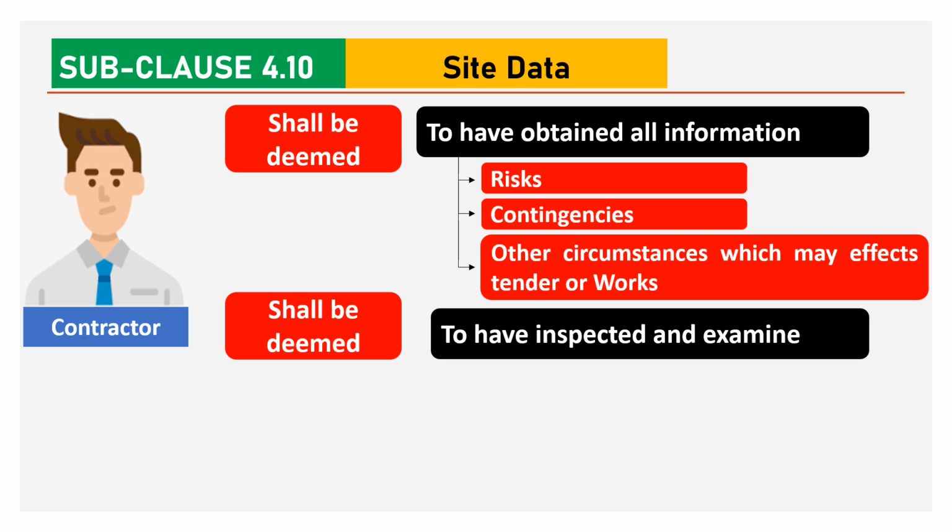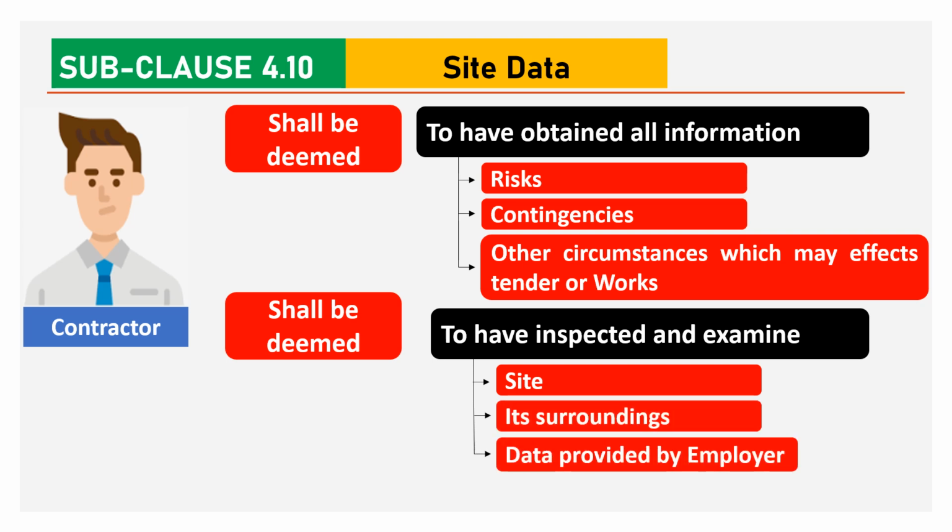The contractor shall also be deemed to have inspected and examined the site, its surroundings, and data provided by the employer. So it is the contractor's responsibility that before submission of the tender, he must obtain all information regarding risk, contingencies, and other circumstances, and inspect the site, its surroundings, and data provided by the employer.